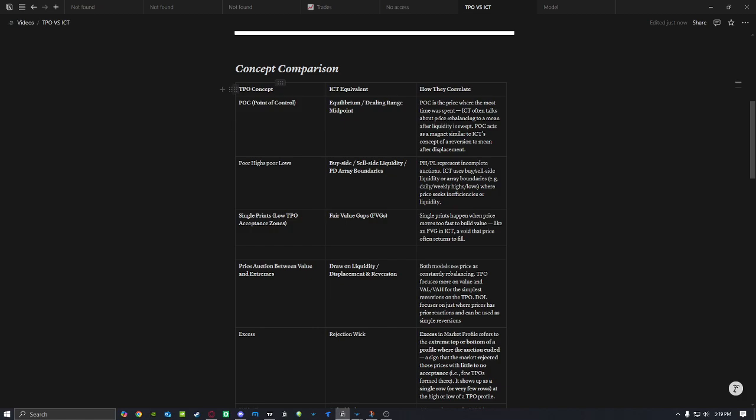We've got our TPO concept, our ICT equivalent, and how they correlate together. So we have POC, point of control, equilibrium, dealing range, and midpoint. In ICT's videos, usually when there's a big range, ICT says there's a premium and discount. So let's say we're bullish, and price creates a big move up to form that bullish bias.